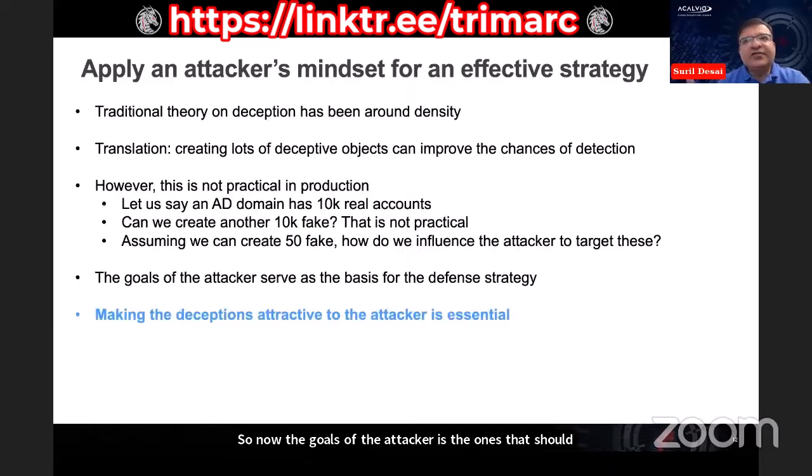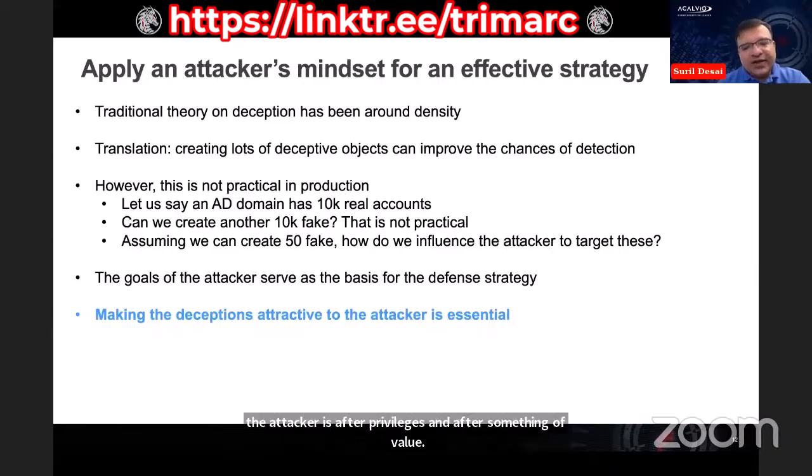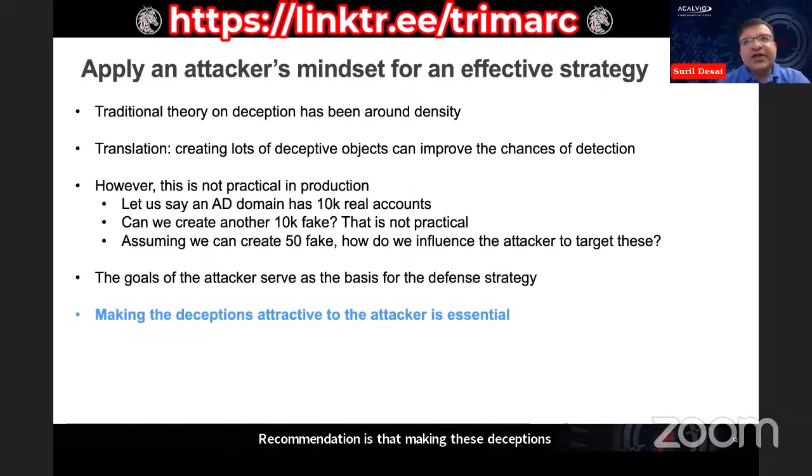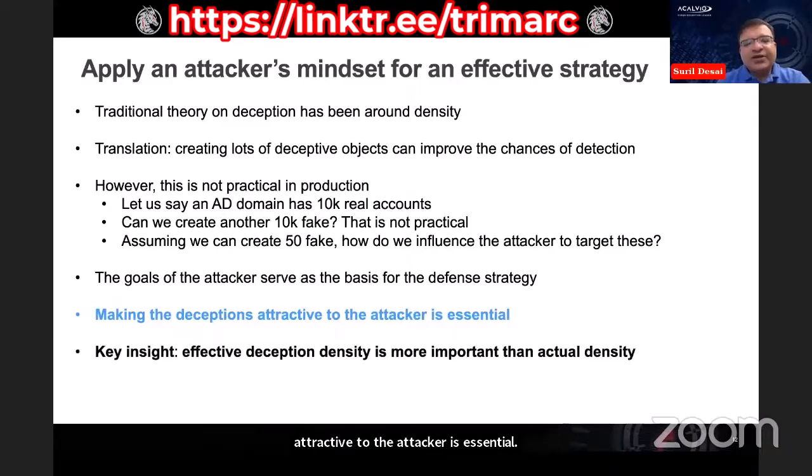Ultimately, the attacker is after privileges and after something of value. So the main recommendation is that making these deceptions attractive to the attacker is essential. So it's not about putting many of them, but actually putting a curated set.